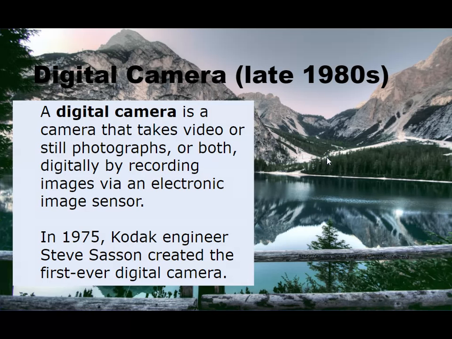What had happened with the digital camera is they took out the compartment for the film and the winding mechanism that wound the film, and they replaced that with electronic sensors, so that the images could be recorded digitally.